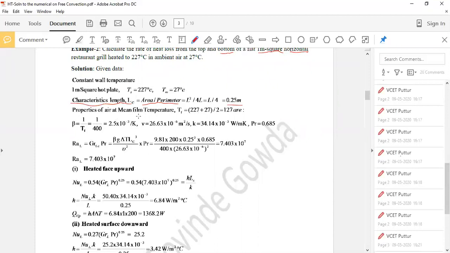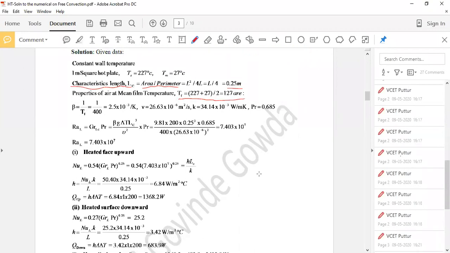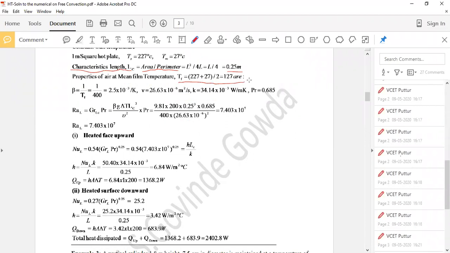So this is the way you calculate the characteristic length. The next step is to read the properties of air at the mean film temperature. The mean film temperature is calculated to be 127 degrees centigrade, which is the same as 400 Kelvin.